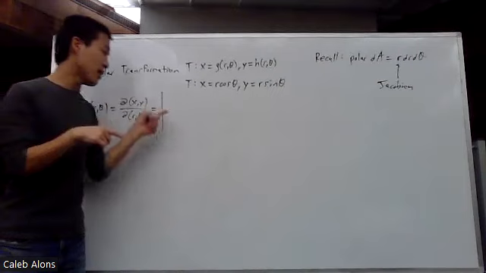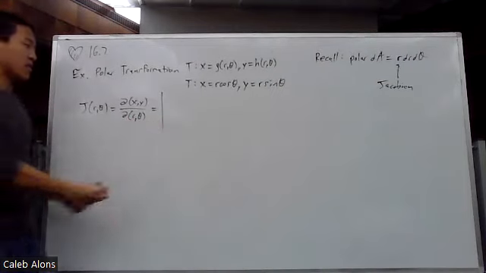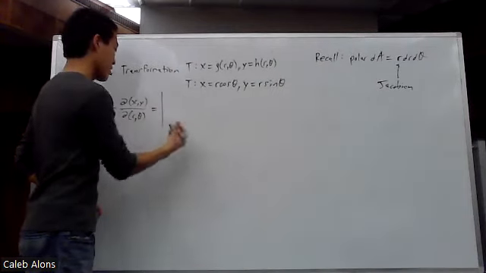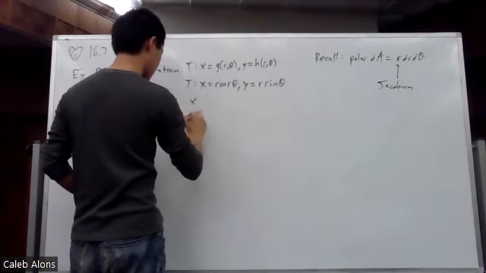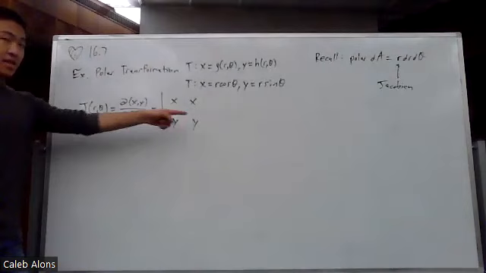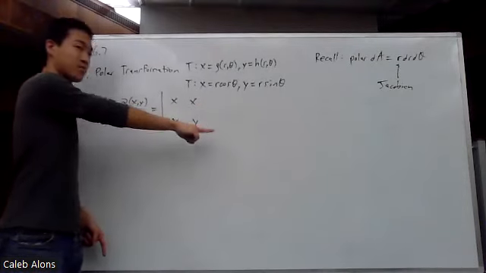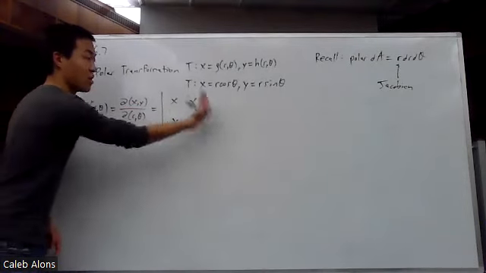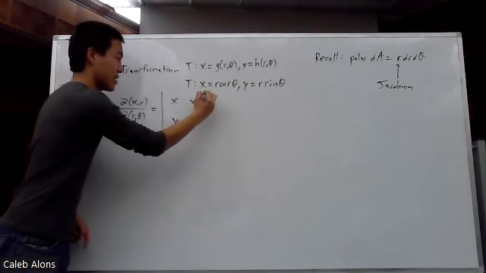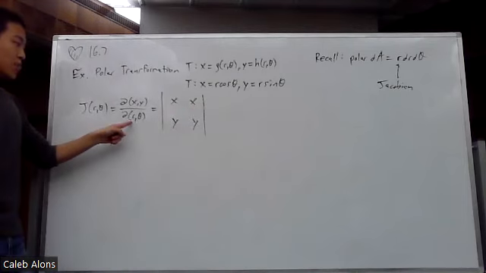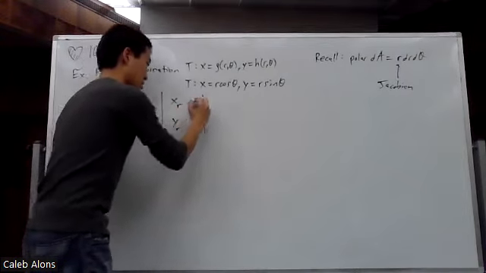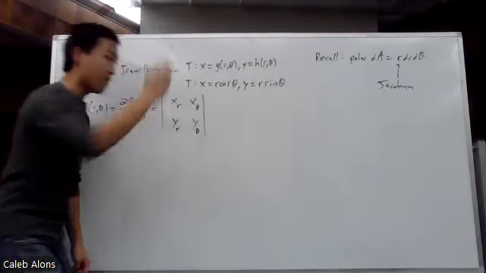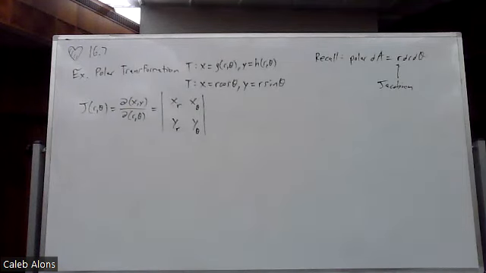The x and the y are the rows, and then the r and the theta are going to be the columns. So I know that these are going to be x's, these are going to be y's. The reason I like this notation is because you can just put those in, and then you can do the columns. It's really nice. So now I know that the columns are r and theta. These are the r's, these are the thetas. Boom. You don't need to memorize anything. You just got to recognize that.